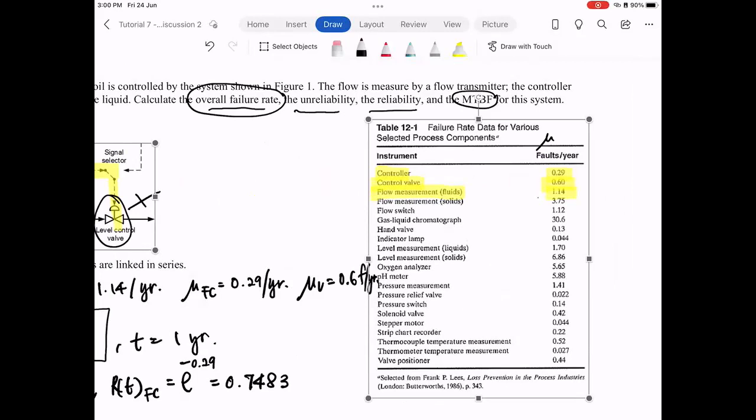If they have done their own company study, and they know they're using a more high-tech controller, where the fault rate is actually 0.5 or even 0.7 per year, they may be able to give you that data, because that will be their in-house testing data.